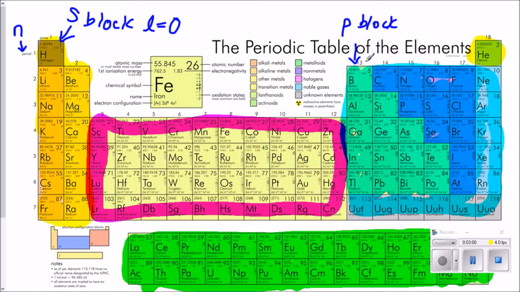The p block is all this area right here, and its l is equal to 1. After we fill up the 2p orbital, we start filling up the third energy level. The third energy level takes a brand new s, and then we have another p orbital.